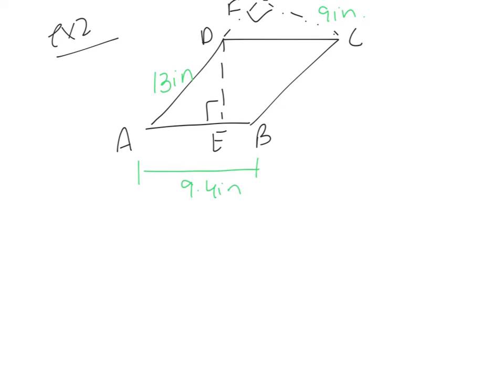Okay, so our next example is another parallelogram question, but we are needing to find DE. So basically what you have here is a parallelogram that has a height that we don't know the length of, and it has a triangle that's a right triangle out here.